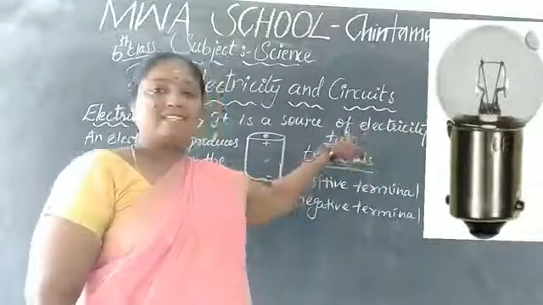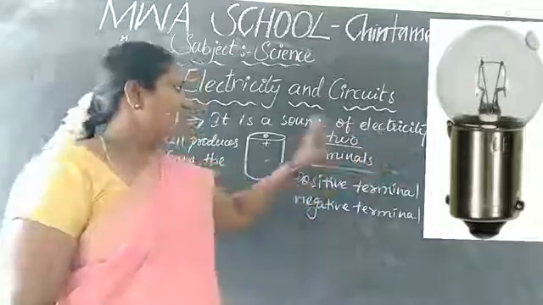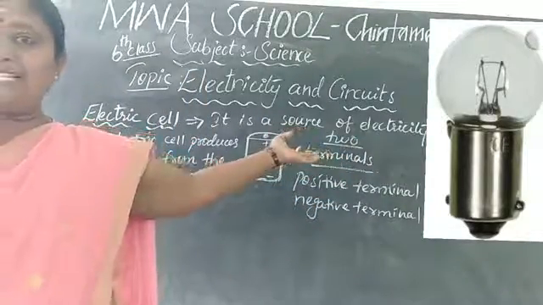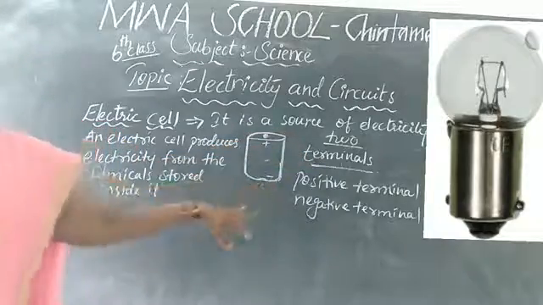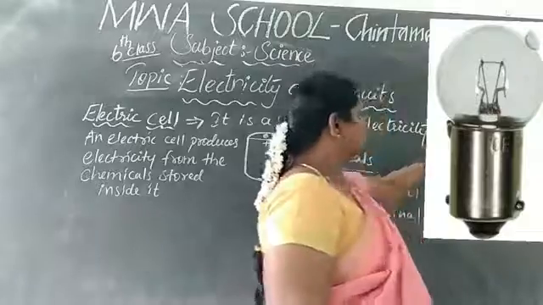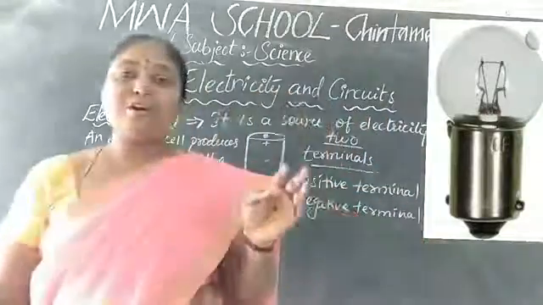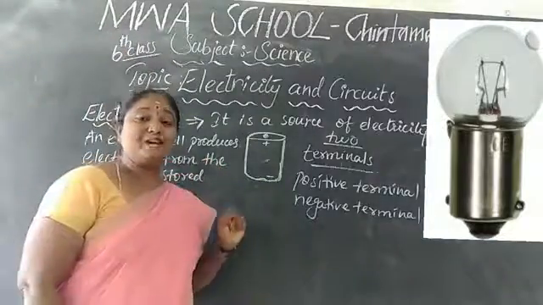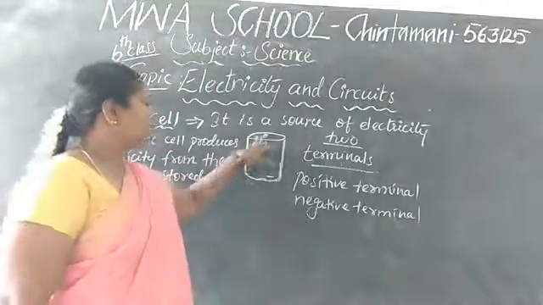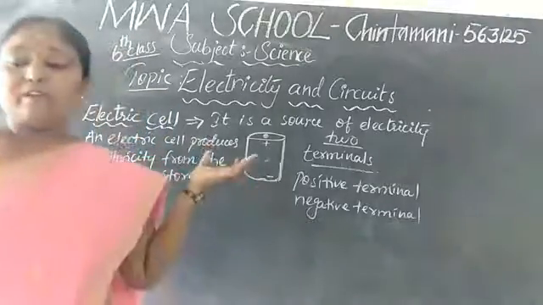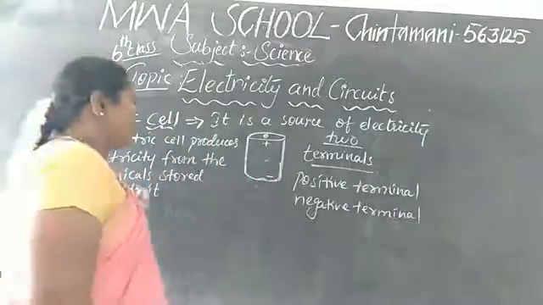So this is the bulb. It also has a positive as well as a negative. I can show you the terminals. These are the terminals for the positive and the negative. How many terminals for the bulb? Two terminals, positive and negative. And here we can see the cell, which also has positive and negative.